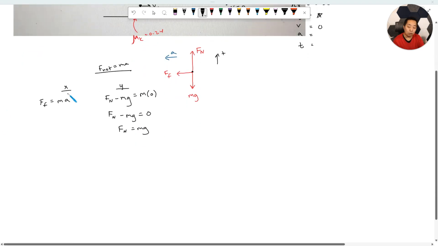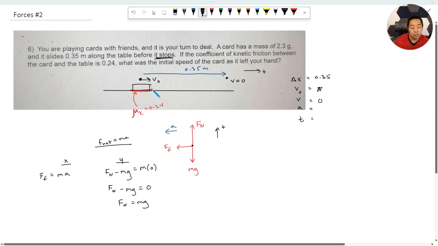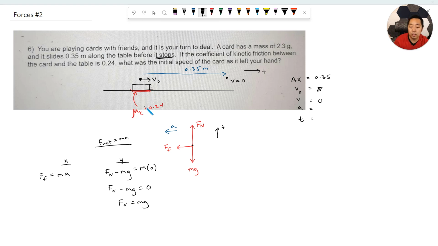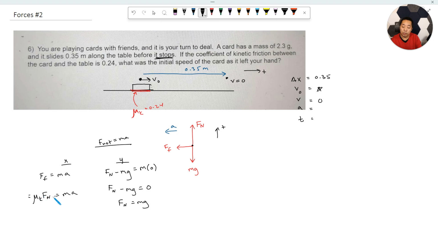Our goal is to find the acceleration, so I need the force of friction. This is kinetic friction because it's rubbing against the surface, as opposed to static friction. Kinetic friction equals mu k times the normal force, and the normal force is mg.